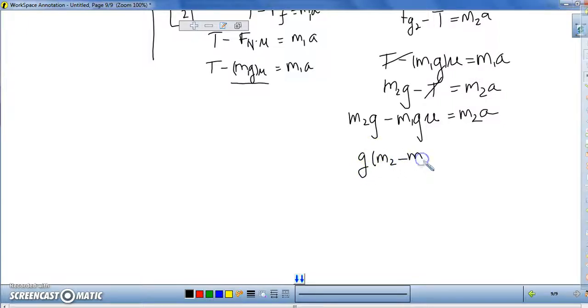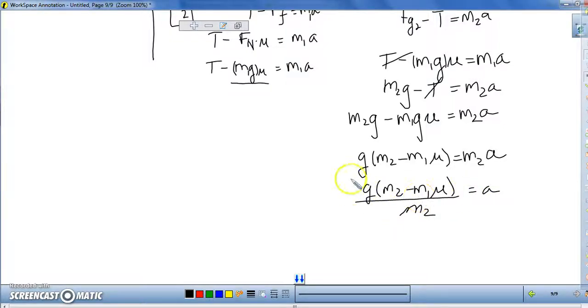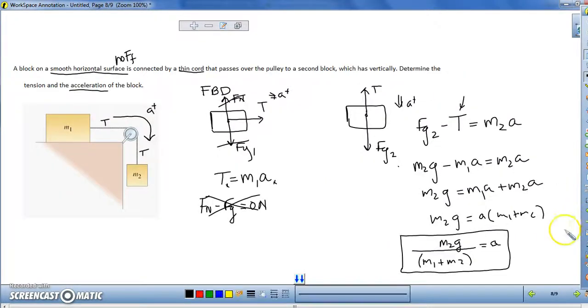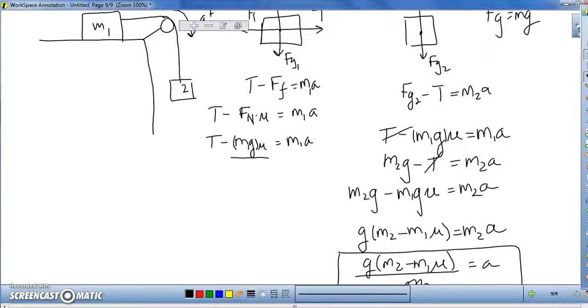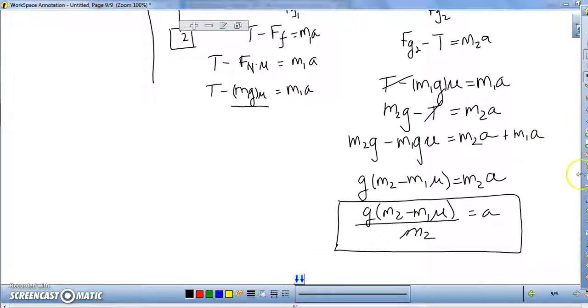M2 minus M1 mu equals, where A is going to equal all of that divided by M2 equals A. So if we compare with friction, here's without friction. Oh, sorry. Almost. Big mistake was I forgot to add in this piece here. Alright, let's fix that. Almost there.